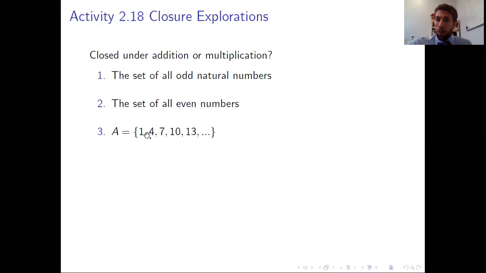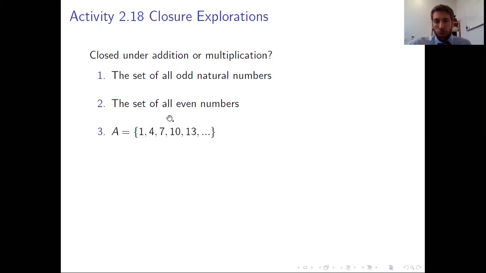All right, look at this set, 1, 4, 7, 10, 13. Well, these are you adding by 3. Well, what happens if I take 1 plus 4? I get 5. That's not in the set, so it's not closed under addition. What if I do 4 times 7? That's 28.